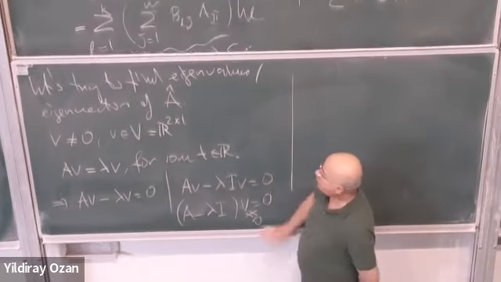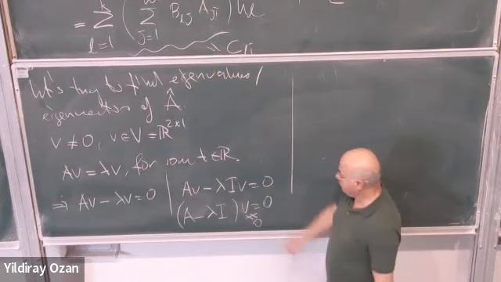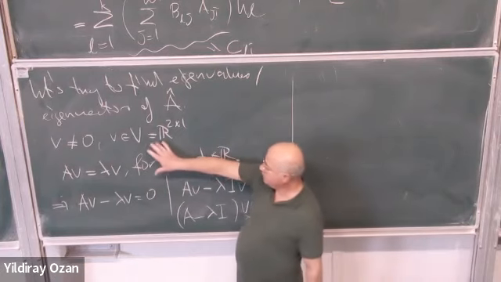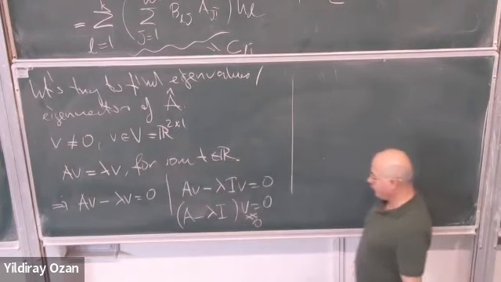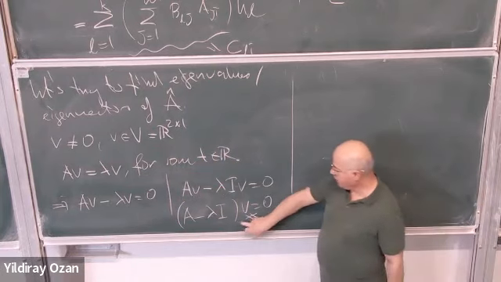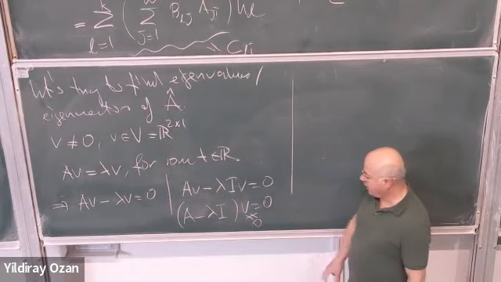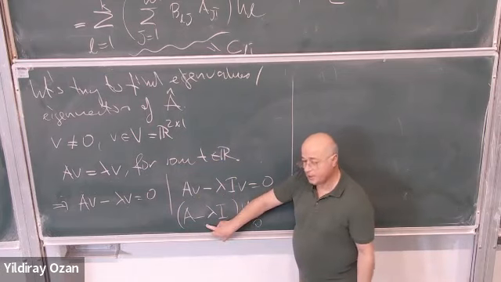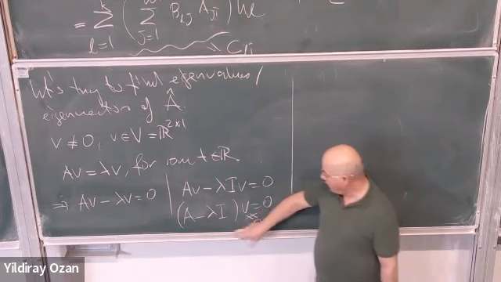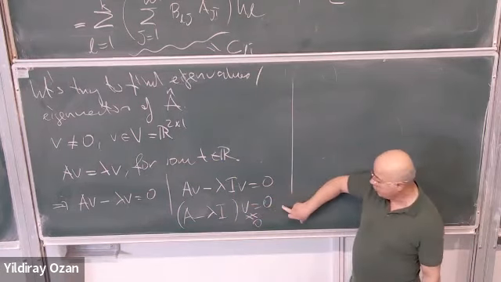So we are trying to find the eigenvectors and eigenvalues of A hat. We write the definition for eigenvalue and eigenvector, and we obtain this at the end. This is a linear operator applied to this vector, and it is 0.